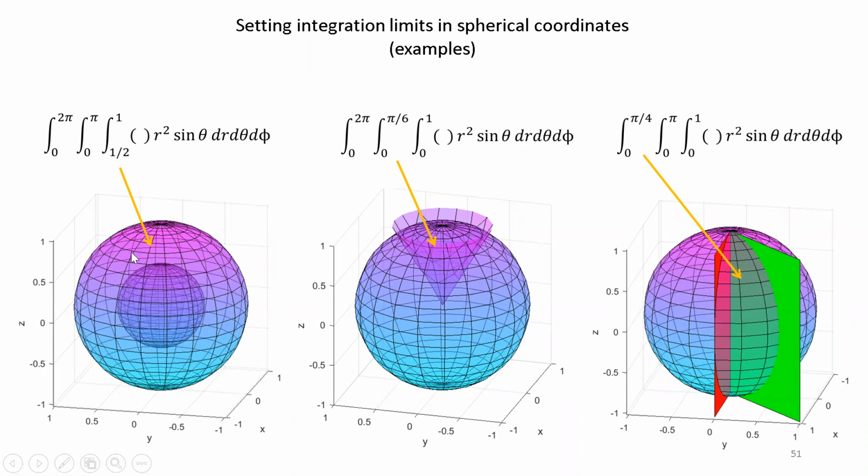Then we are talking about the region in between the two surfaces. From 0 to pi, I'm considering from the North Pole all the way to the South Pole. And here for phi, I go from 0 to 2 pi, so I have to consider a complete circle in the XY plane.